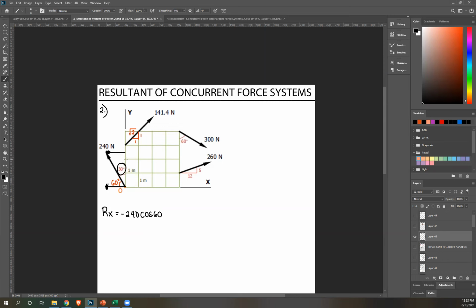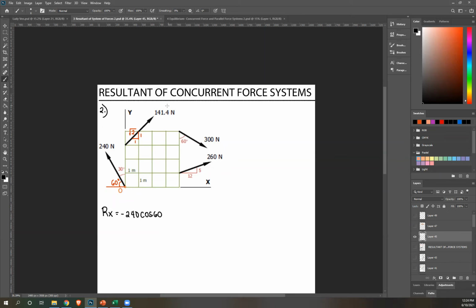If it's opposite, therefore, we're going to use sine. So instead of cosine 60, it will be sine 30. You may do that as well if you don't want to solve for the angle from the x-axis. But for uniformity's sake, I'm going to solve for the x component, so that's why we'll still use cosine.